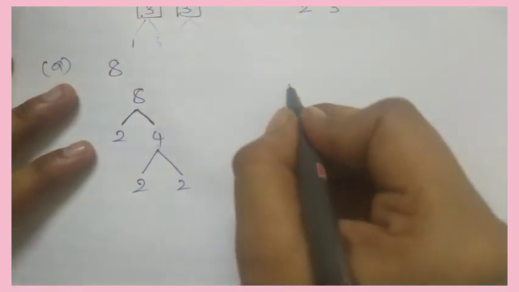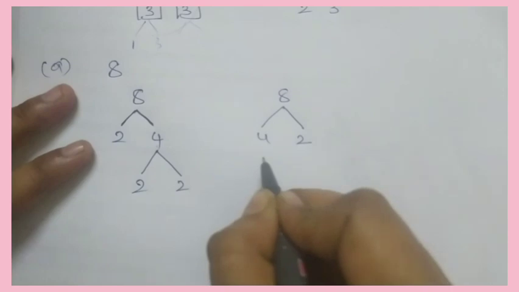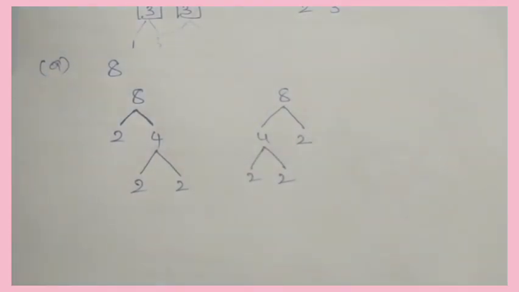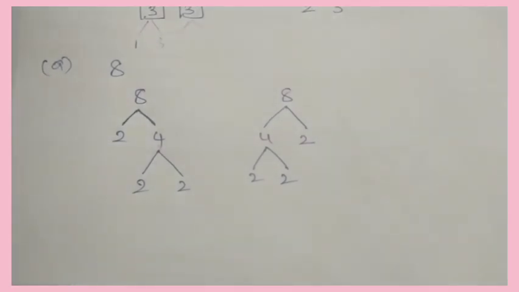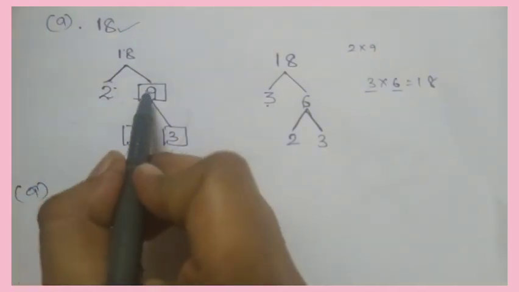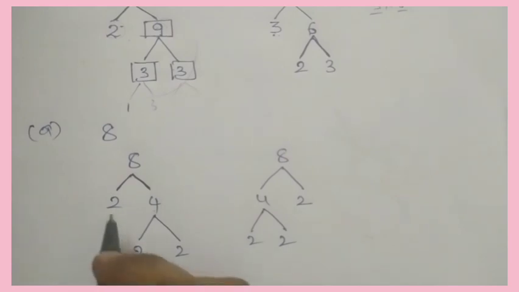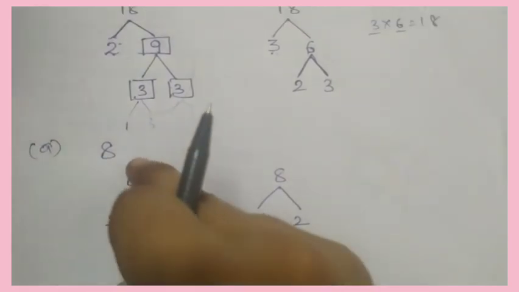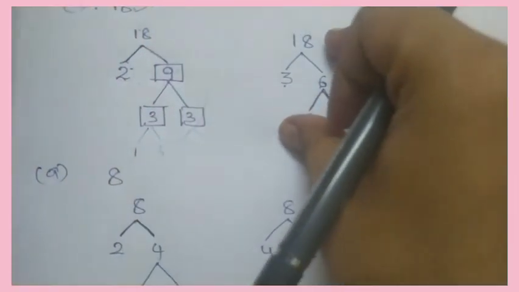Next one more also we can do, that is 4 2s are 8, and same we will get 2 2s are 4. This is a factor tree of 8. Here look, 2 and 9 different numbers, here 3 and 6 different numbers we got, but here 2 and 4 only we are getting. For some factor trees we will get same, for some factor trees we will get different numbers.